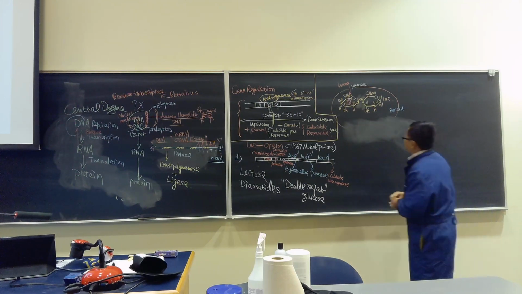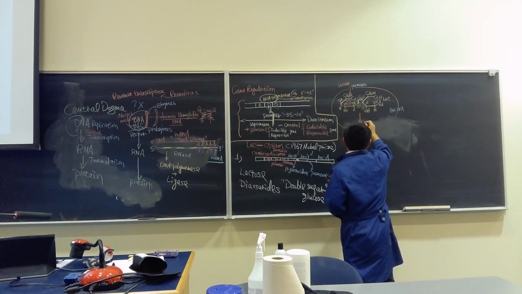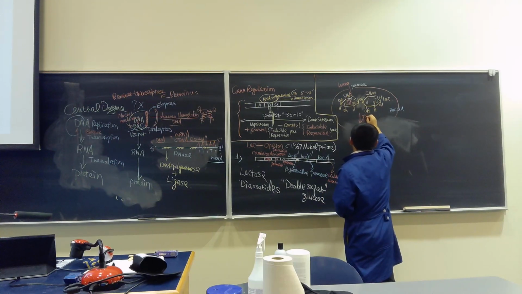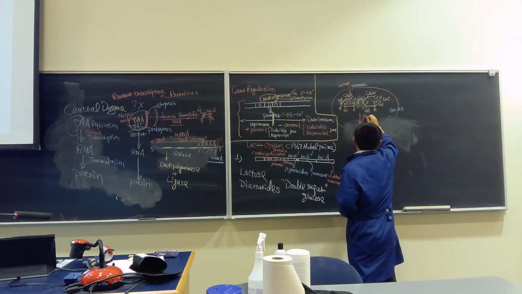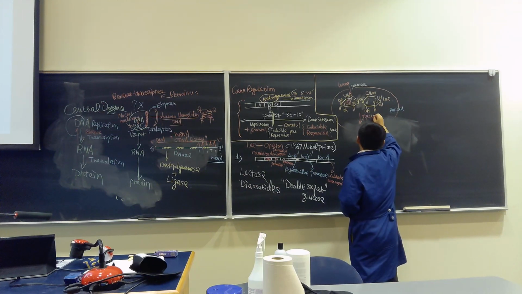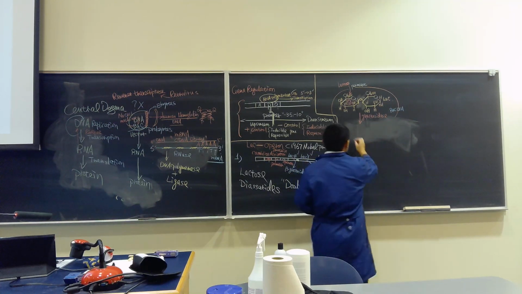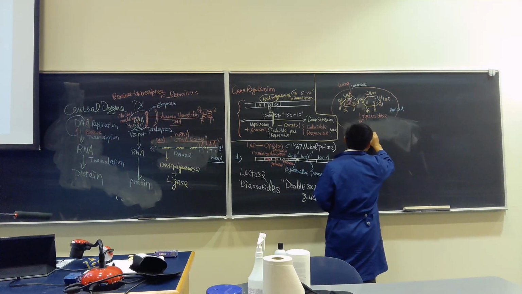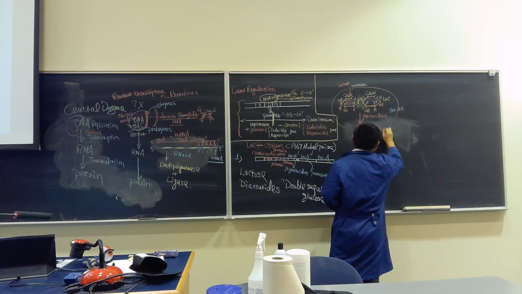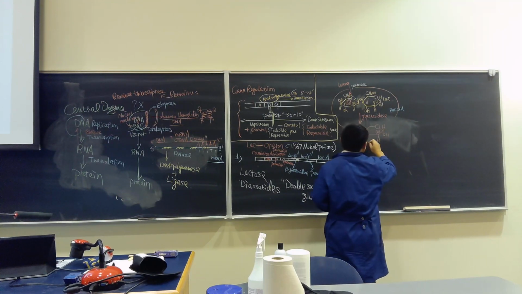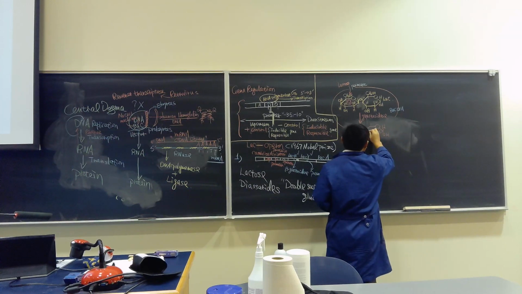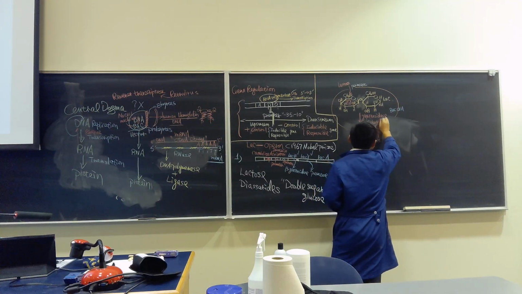Okay. What are they going to become? If they have galactosidase, they're going to become glucose, of course. So they separate and become a glucose. Lactose is hydrolyzed by galactosidase and becomes another glucose. Okay? Then what else?